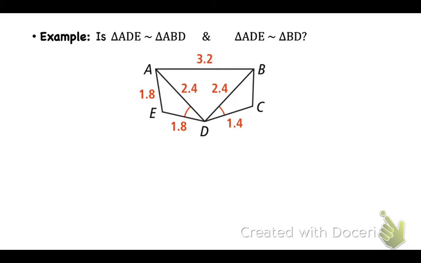So we're looking at ADE, which is which one? The little one. This one? Yeah. And we're looking at ABD, which is the big one. So we're looking at these 2. So what are we going to use? Angle, angle similarity, side, side, side similarity, or side, angle, side similarity? Side, side, side.